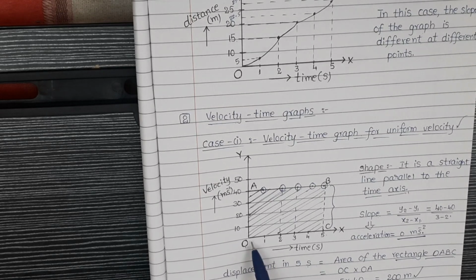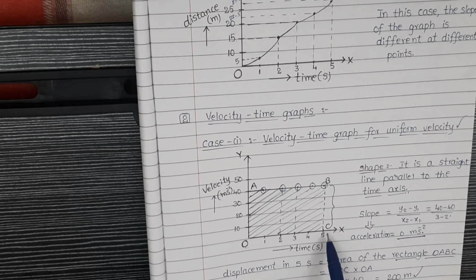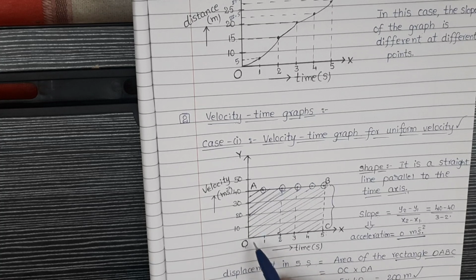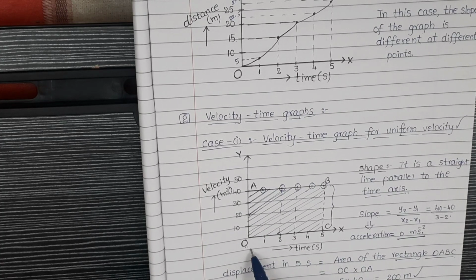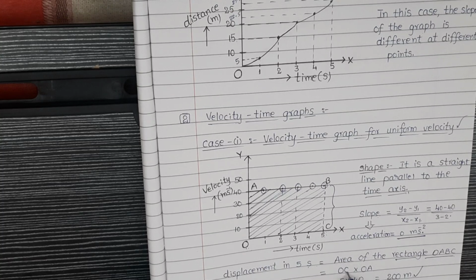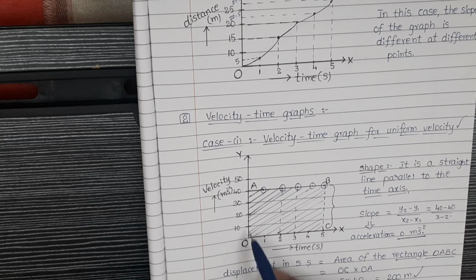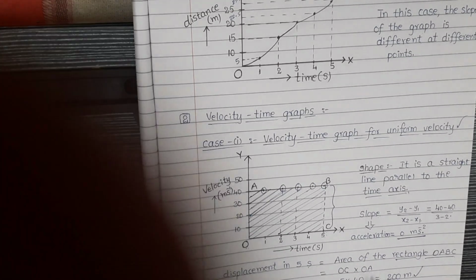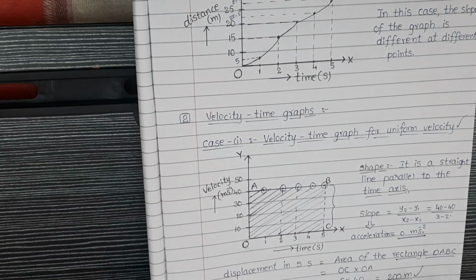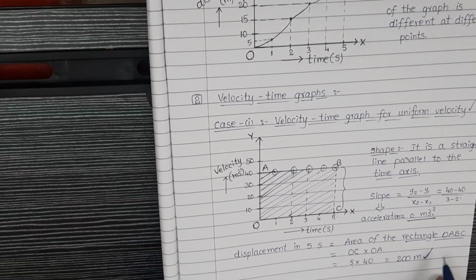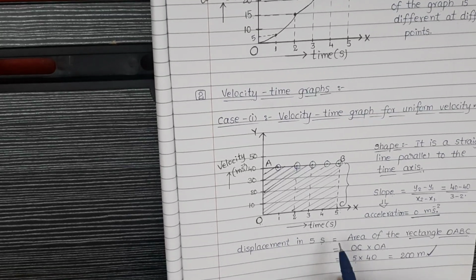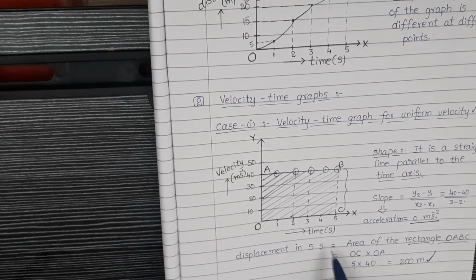If you consider the length of the rectangle as OC and breadth as OA, OC into OA. So along the x-axis we took time, which is 5 seconds, times OA, which is 40 meter per second. So 5 into 40, which is 200 meter. This is the distance or displacement covered by the vehicle within 5 seconds.